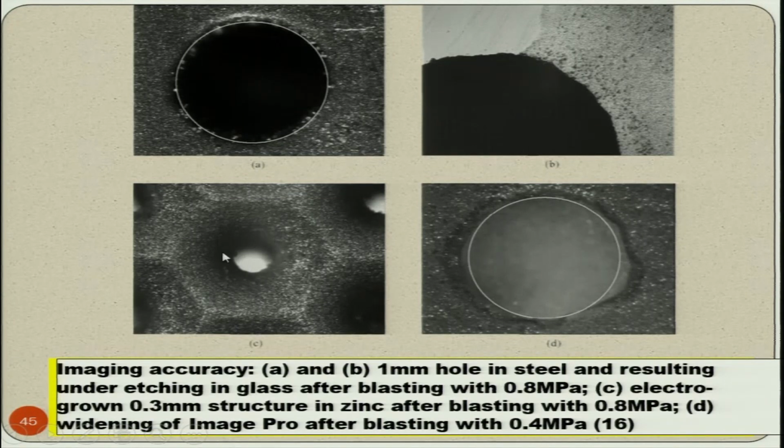Now, the point which you should try to understand here is that this is the main feature that was to be created, but all this portion which you see here, from here to here, is the flaring effect. That means the jet flares out, and because of that you do not get uniform removal of the material in the whole area.